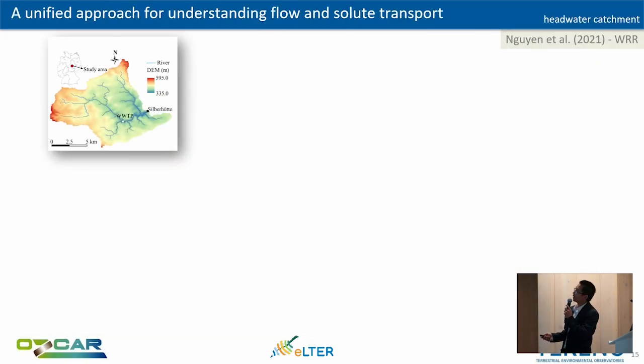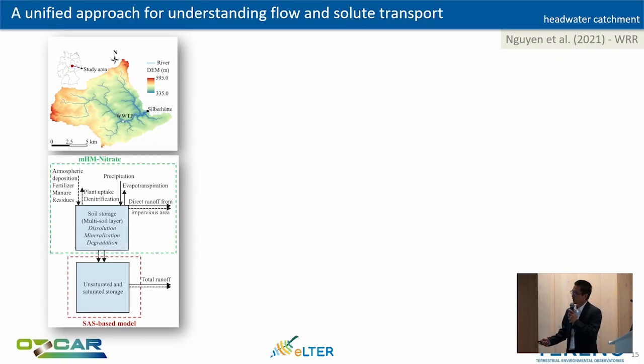And here we use the SAS function to understand flow and solute transport in the headwater catchment in the Selke here. We apply the mHM-SAS model to model nitrogen processes within the soil zone and use the SAS function in the subsurface to quantify the nitrate transport.